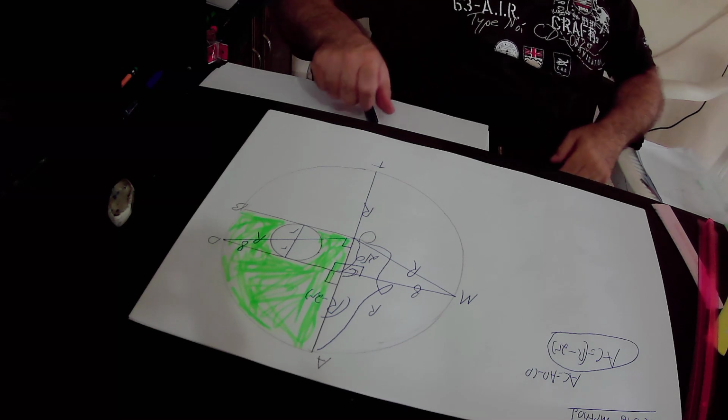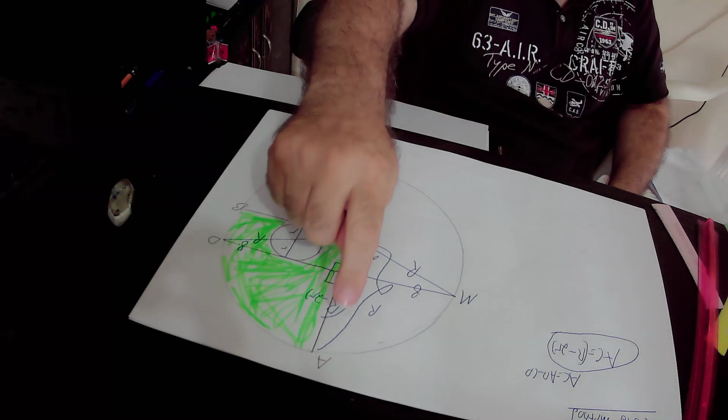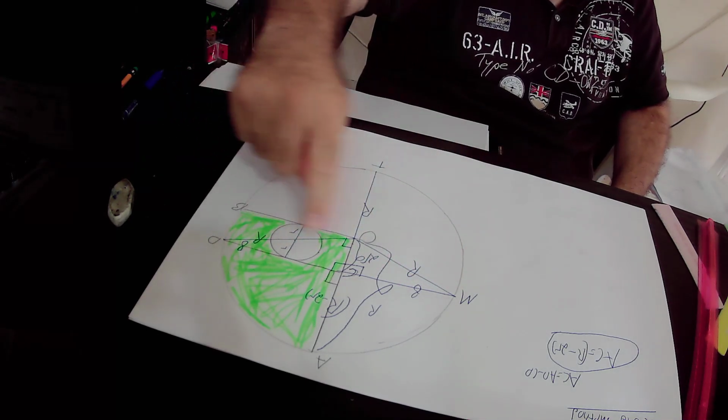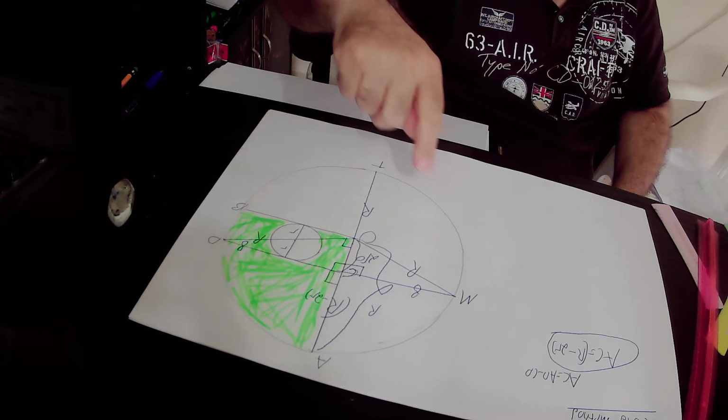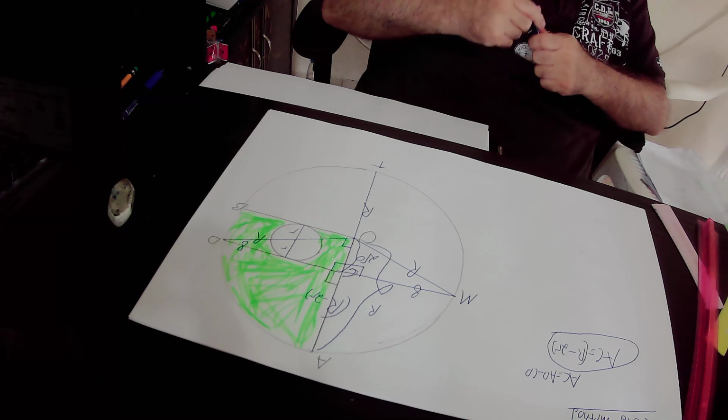Why? Because in our drawing, we have chord AT that intersects with chord MD at point C. Again, chord AT intersects with chord MD at point C. I'll write it down.